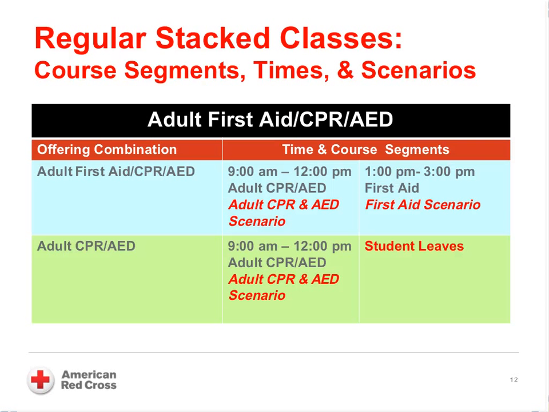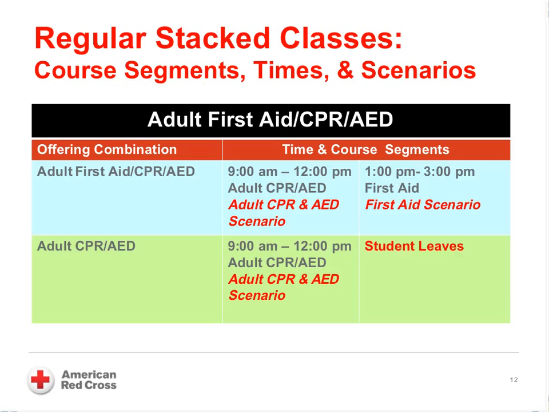Okay, so here we have an example of course segment times and scenarios. The offering combination would be adult first aid CPR AED and adult CPR and AED only. We would have from 9 a.m. to 12 p.m. the adult CPR and AED and give them the scenario.